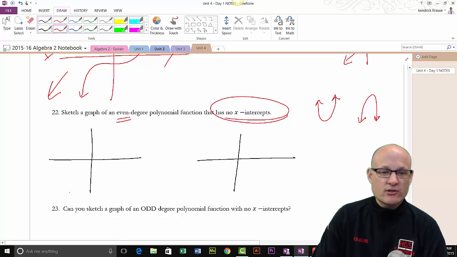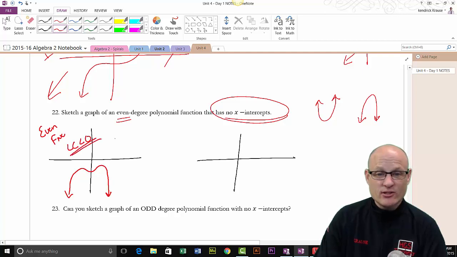I could draw a picture that looks like this. This would be an even function with a leading coefficient that is negative or less than 0. Or I could draw this picture.